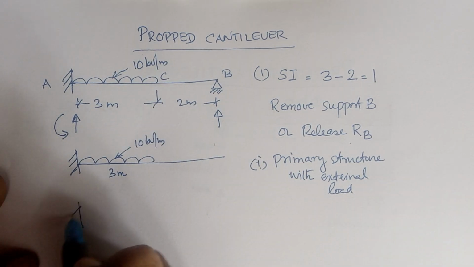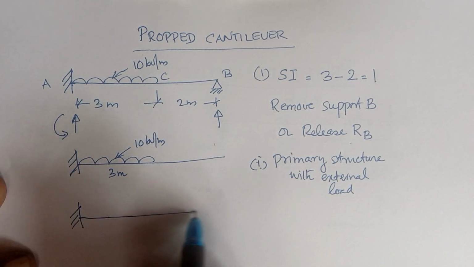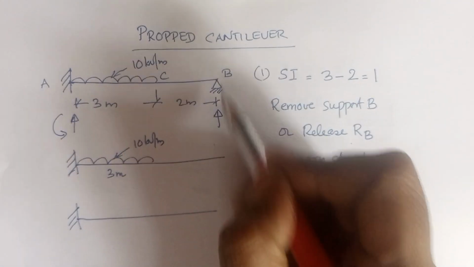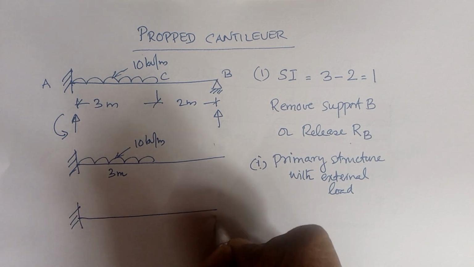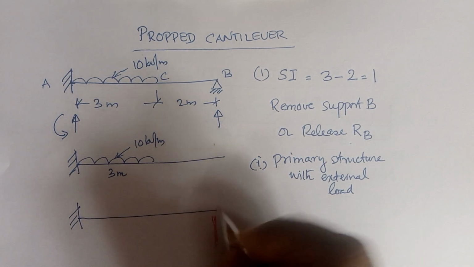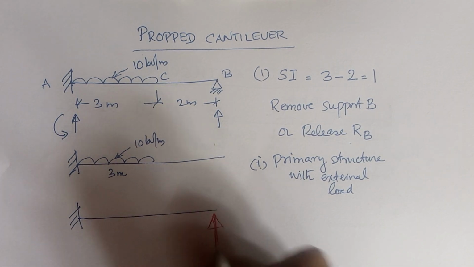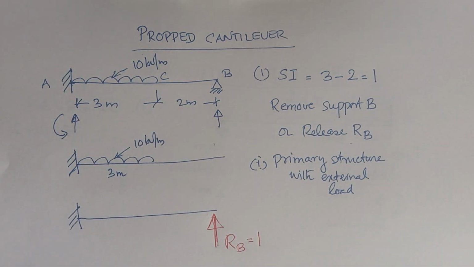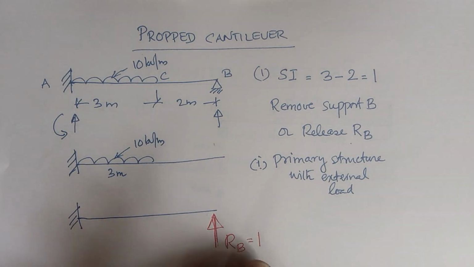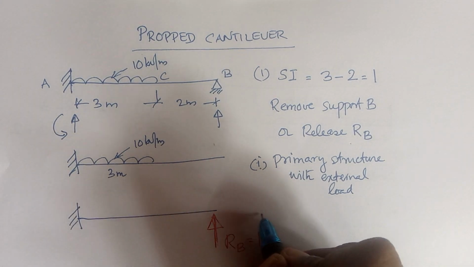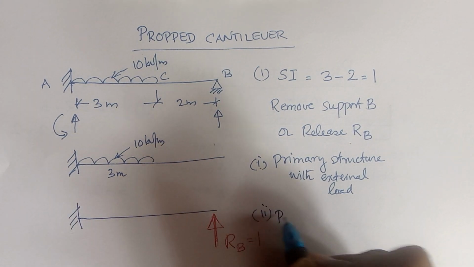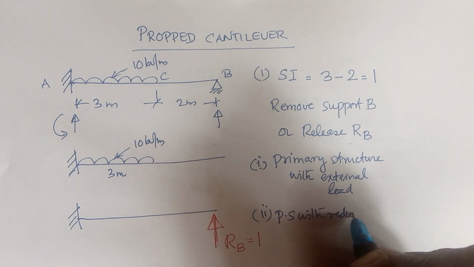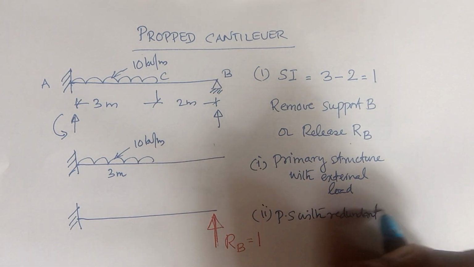Then we draw the primary structure, which is a cantilever. We mark the redundant force. We have taken RB as redundant. So this RB is a redundant. So this is called the primary structure with redundant.